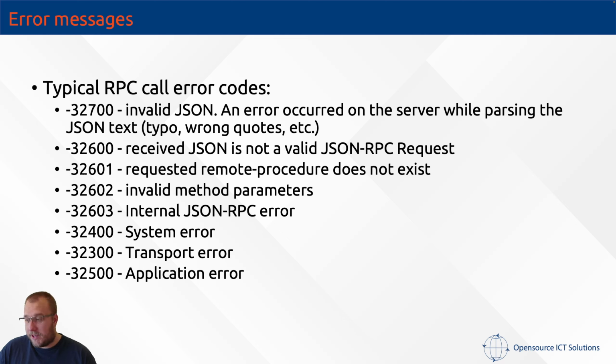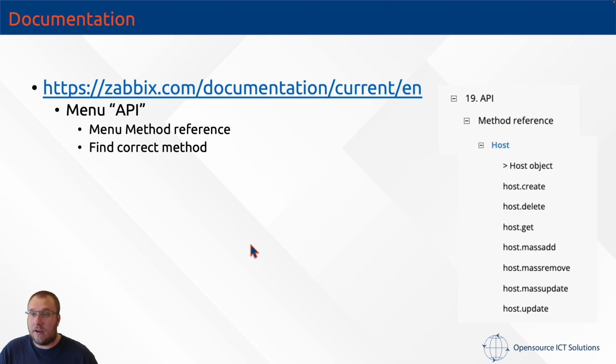What's not so easy is to build all queries from top of mind. And trust me, you don't have to, because if you go to the documentation of Zabbix, you find the API menu. In the screenshot it's chapter 19. It might differ, of course, because Zabbix may add more chapters, but it's 19 in the screenshot. From here, under method reference, we are looking for the host method, where we can see the full object and all different methods that are supported.